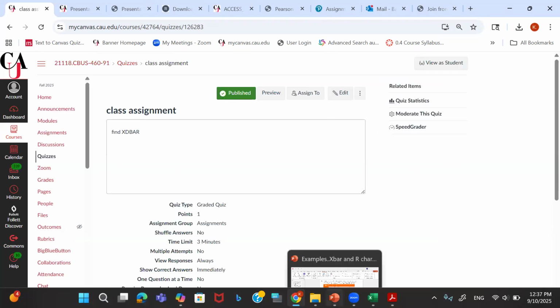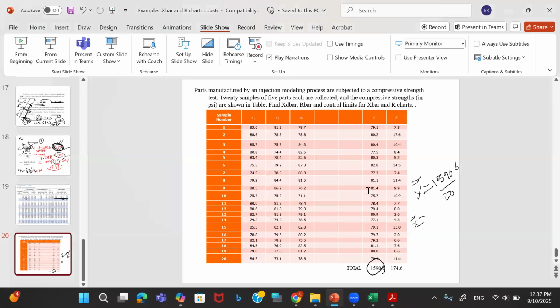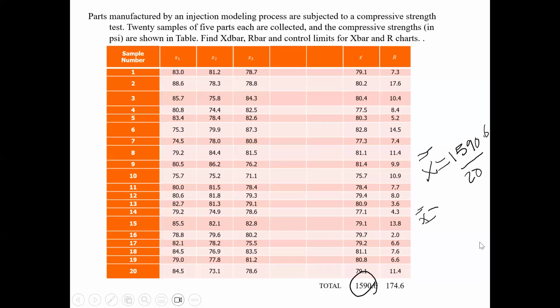Okay, go ahead and just type the answer for this, 1590.6 divided by 20. Just type it on the quiz there.